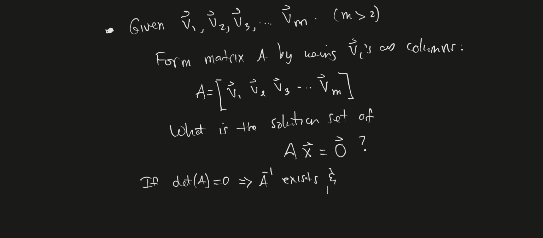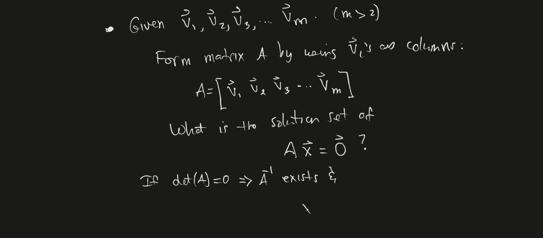So our x will be A inverse times the 0 column. But when I multiply my inverse and the 0 column, I am going to get just 0. So this would tell me that my solution would have to be just the trivial solution.